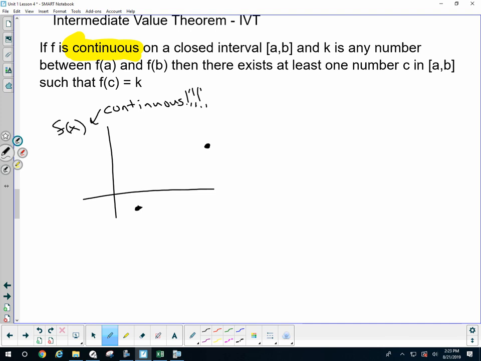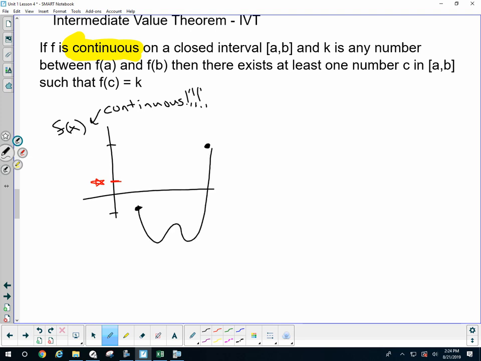Well, no matter what y value I choose between these 2 points, let's say I choose this value right there, there's guaranteed to be a point on an x where we will produce that y value, no matter how you connect those 2 points. What I'm saying is, if you have 2 points and you know the function's continuous, they have to be connected somehow.